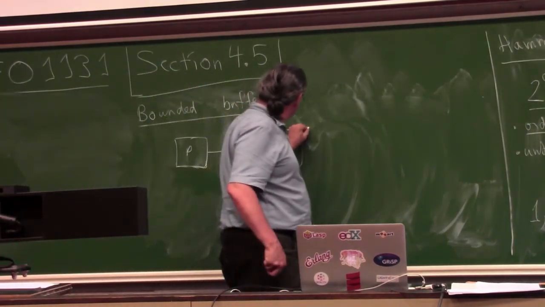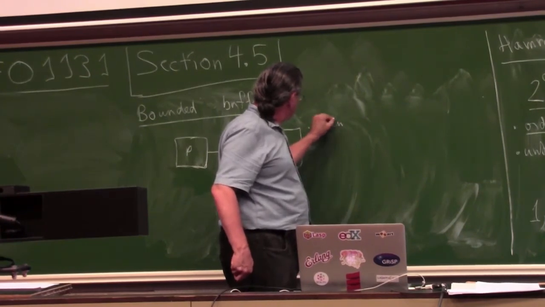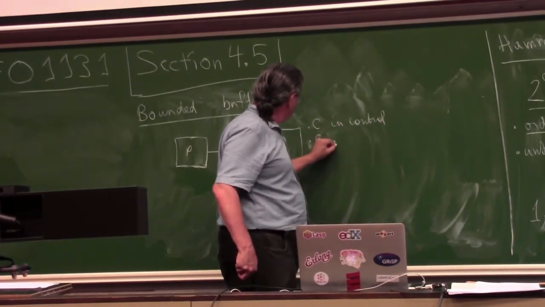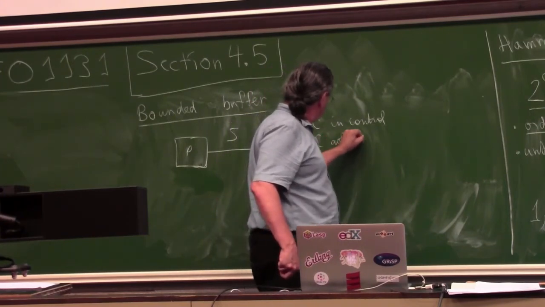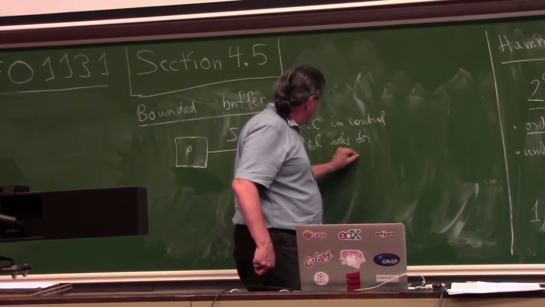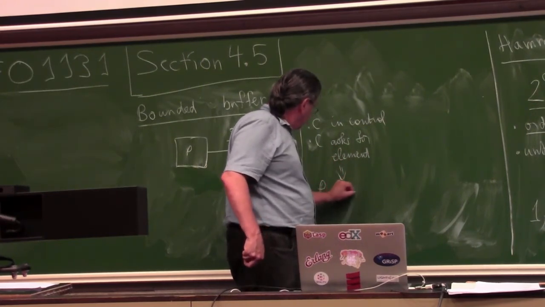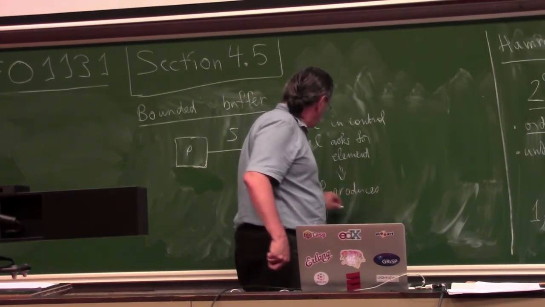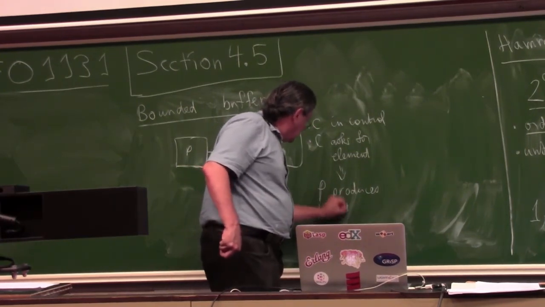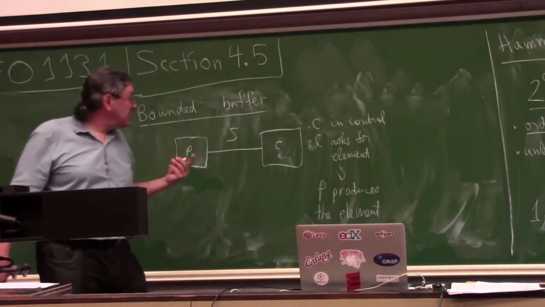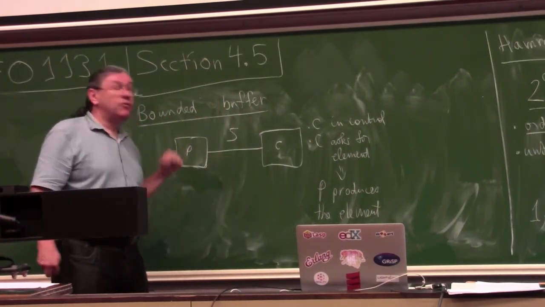So the consumer is in control, and C asks for elements. It asks for an element, and then P will produce the element. So the way it works is the consumer, whenever it needs an element, asks the producer for an element.